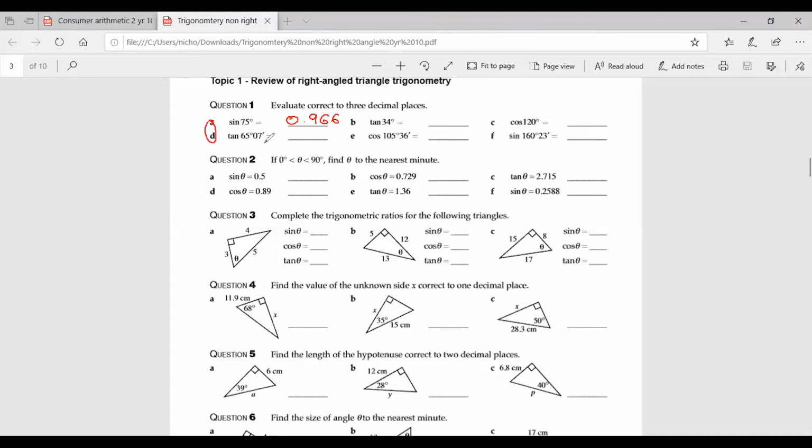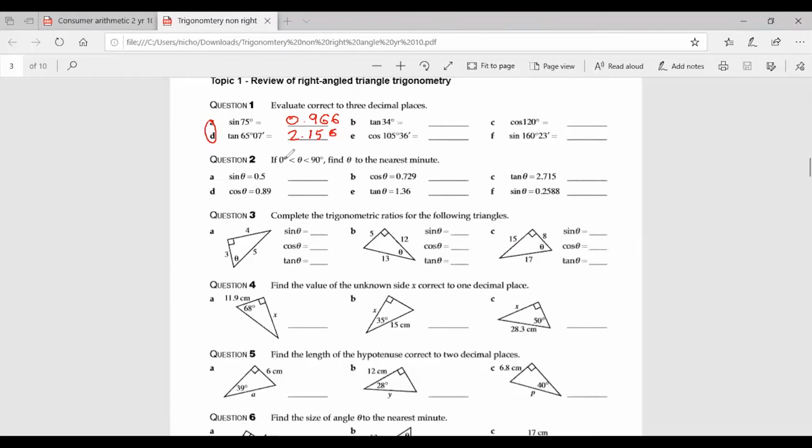And then 7 and then degrees and then close bracket. And then what does that equal to? 2.156. Perfect, that is exactly right. Does that make sense?